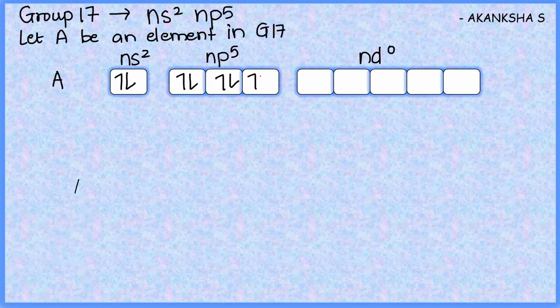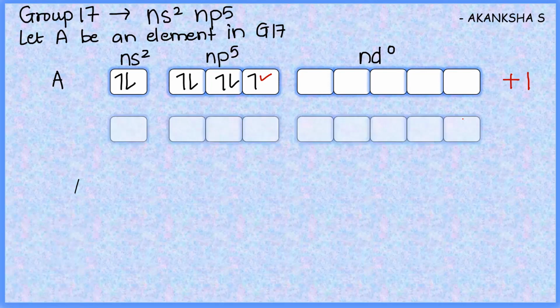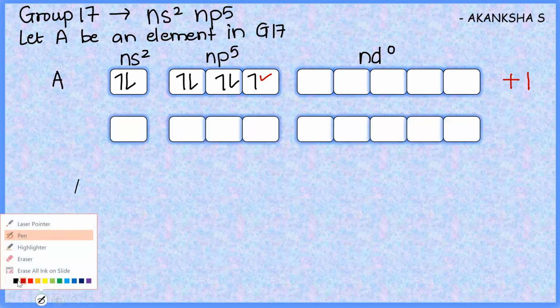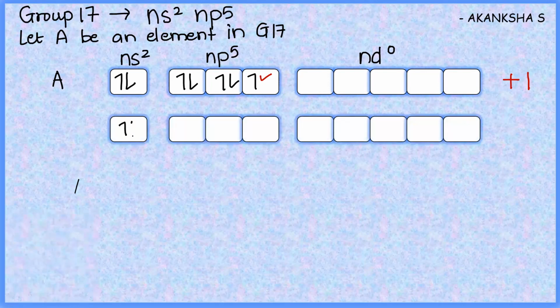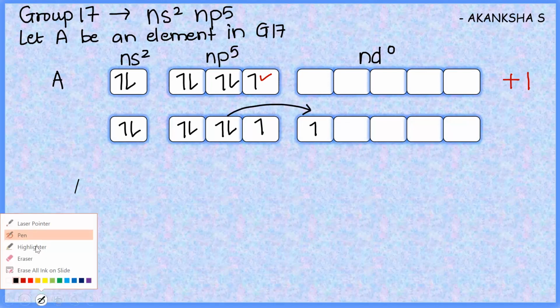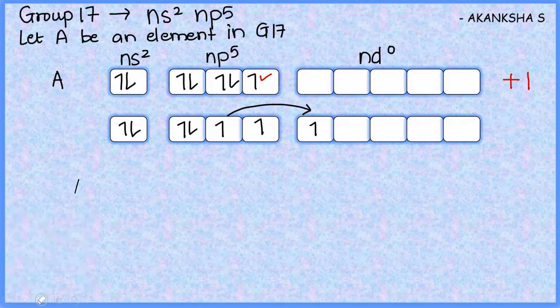So if this unpaired electron leaves, we get +1. All others are paired. So we start unpairing them one by one. Correct? When you unpair, you get a higher number.